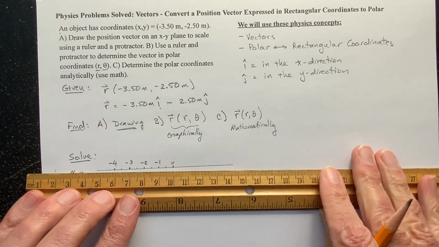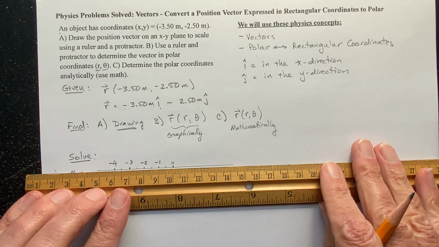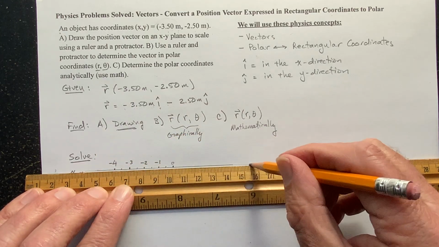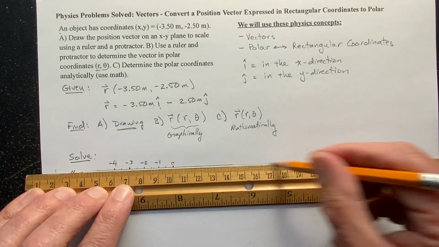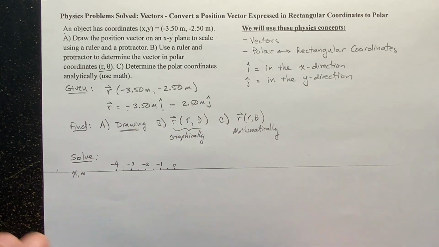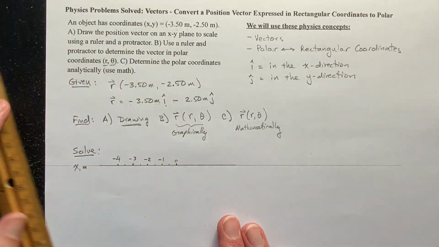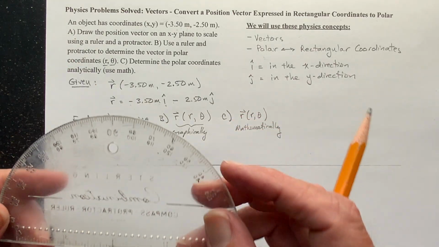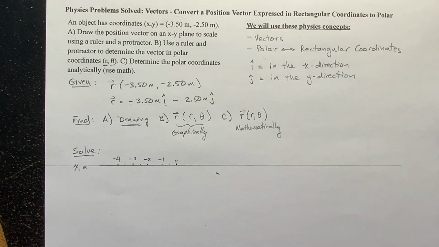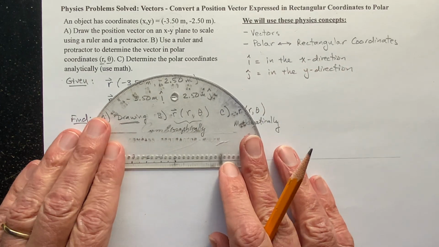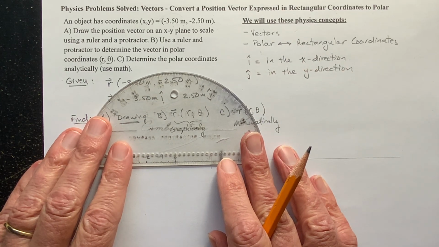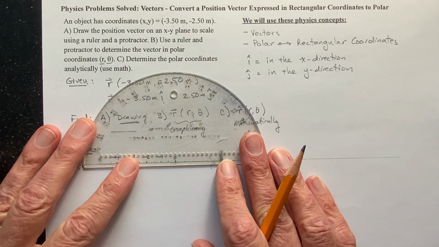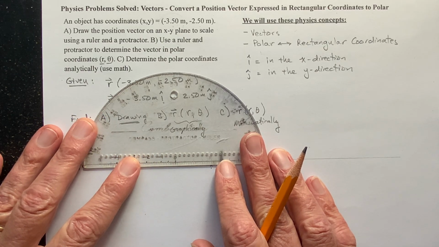Now, since I'm using a protractor, I'm going to extend all my lines. These are just construction lines. I'll just make them really long. One of the reasons I drew that really long is I want to make sure that my y-axis is actually perpendicular, because I'm going to be using my drawing to make measurements, and I want it to be as accurate as possible.